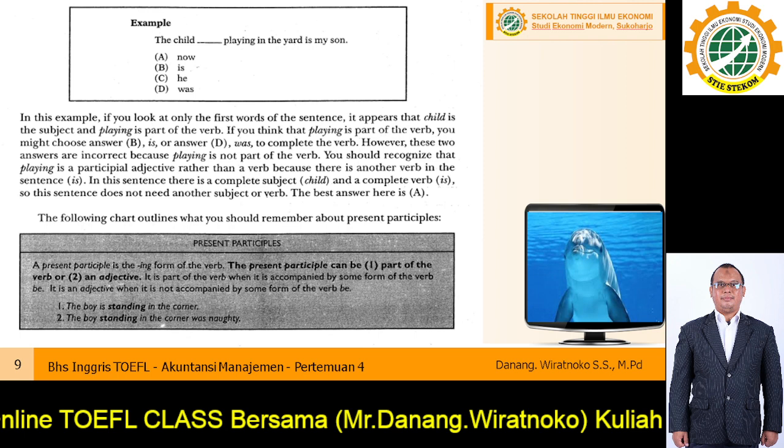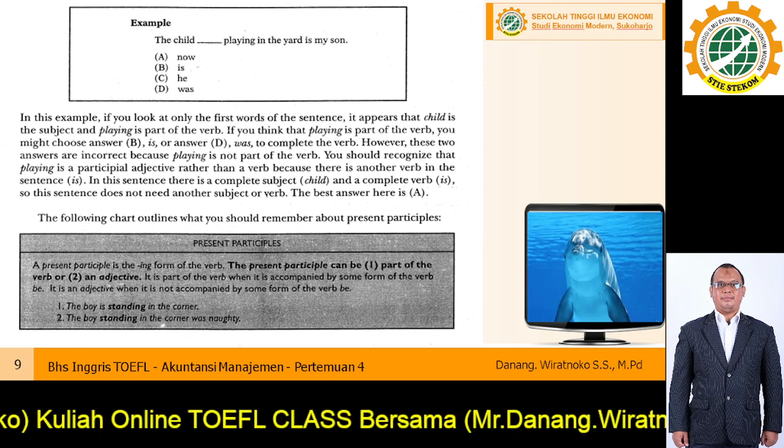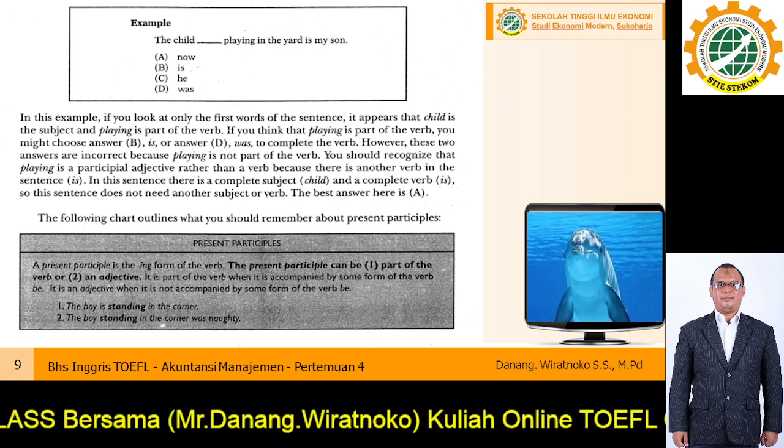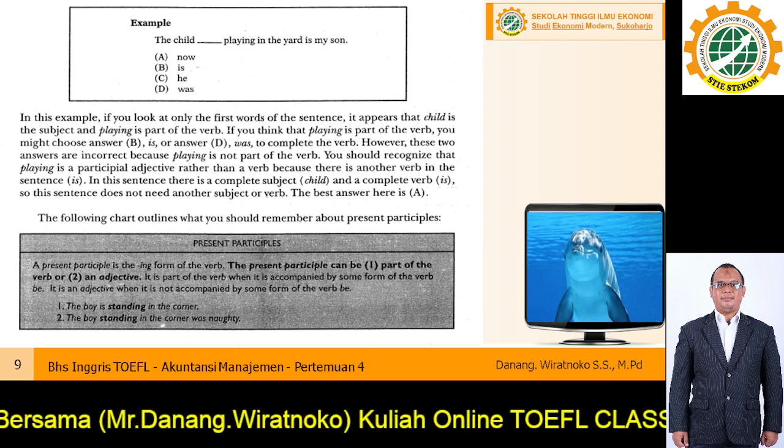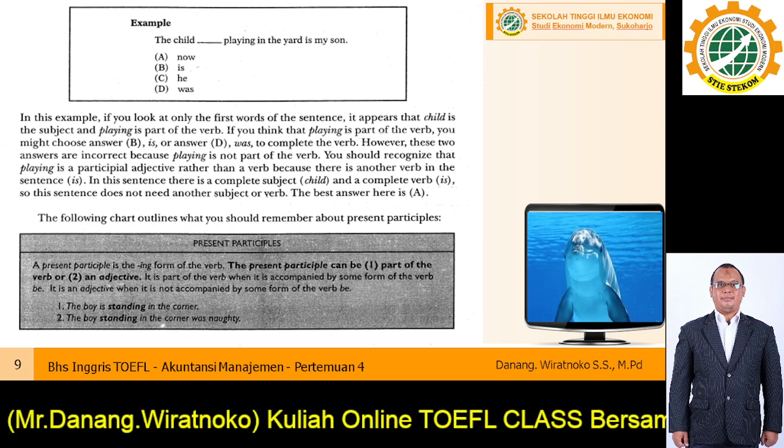It is an adjective when it is not accompanied by some form of the verb be. Contohnya number one: the boy is standing in the corner. Itu adalah present participle, and the number one is a verb. And then number two: the boy standing in the corner was naughty. Ini adalah adjective.